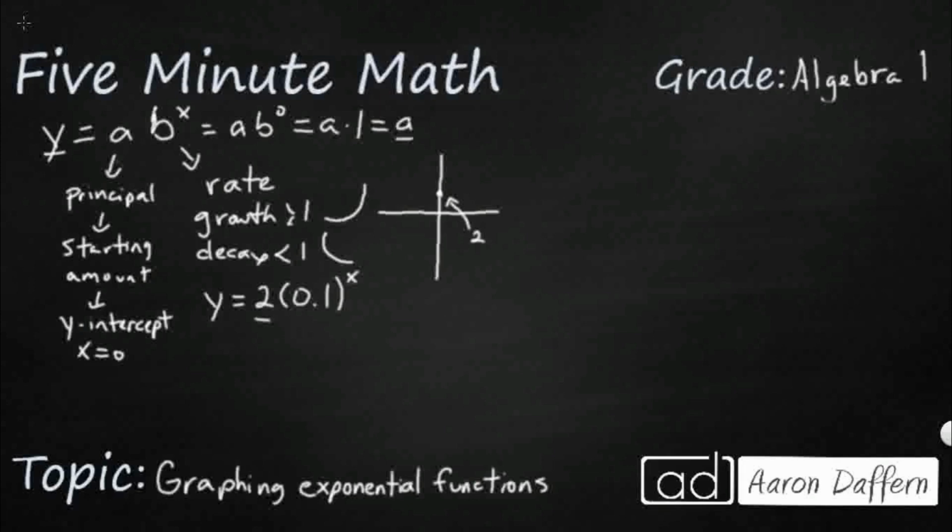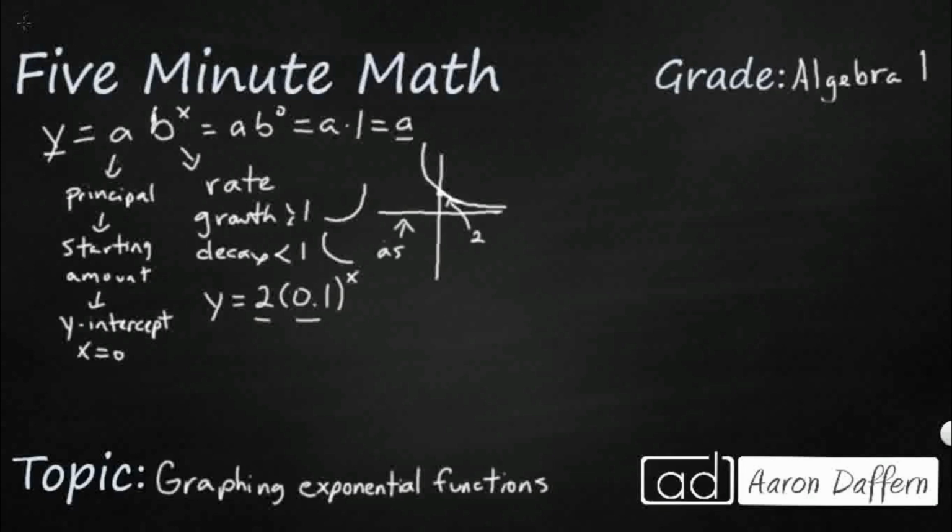We know that this is going to be a decay factor because it is less than 1. So it's going to start over here in quadrant 2, and it's going to kind of slide down there, and then it's going to always continually get closer to that x-axis but never quite reach it because that is your line of asymptote right there.